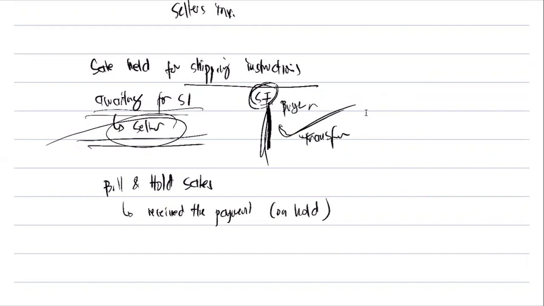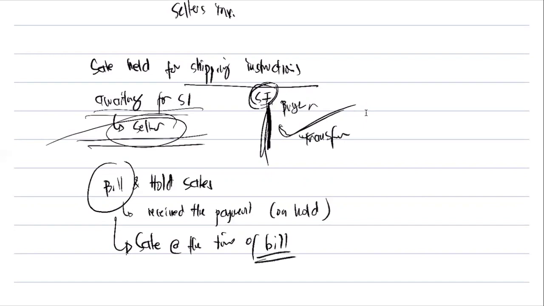Okay, take note, there is already a billing here. But since there is already a billing, there is a sale at the time of bill. Hence, the risks and rewards of ownership are transferred to the buyer.